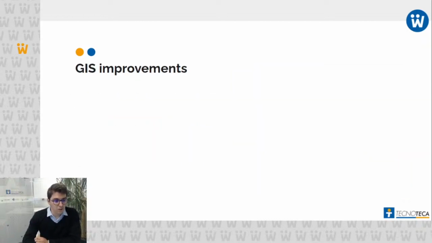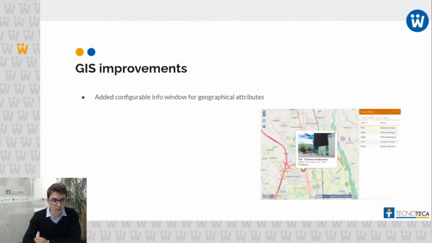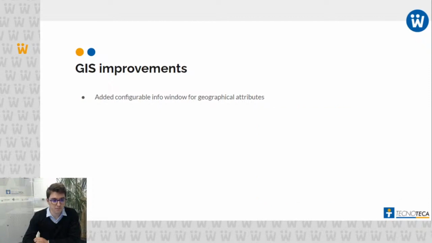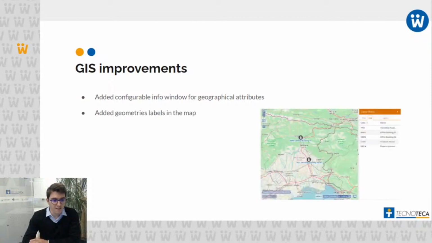Then we have also made some improvements to the GIS module. Especially, we have added a configurable info window for the geographical attributes. We have added the geometries labels in the map. Then the users can see the labels on the points or the polylines and so on.